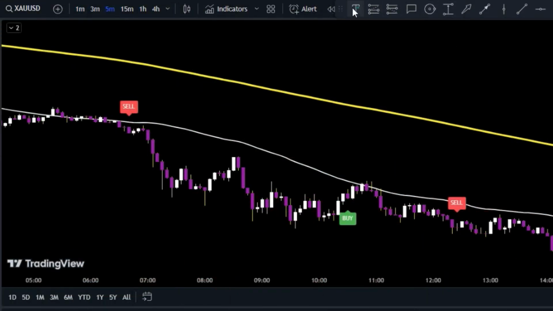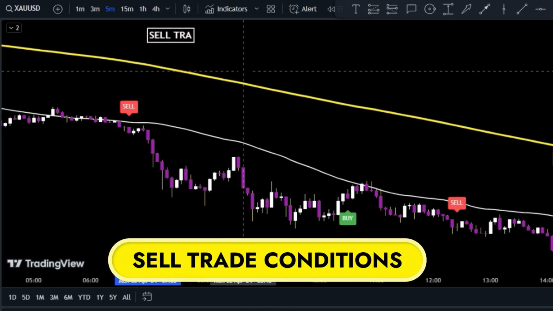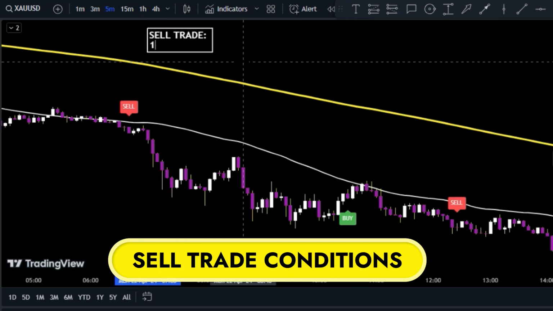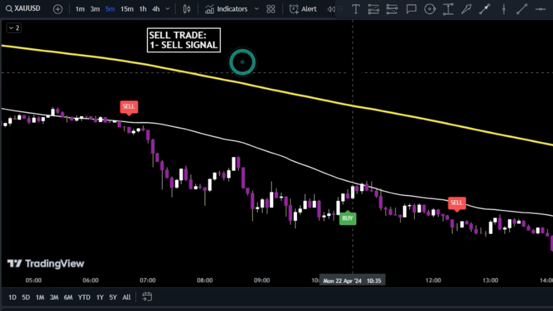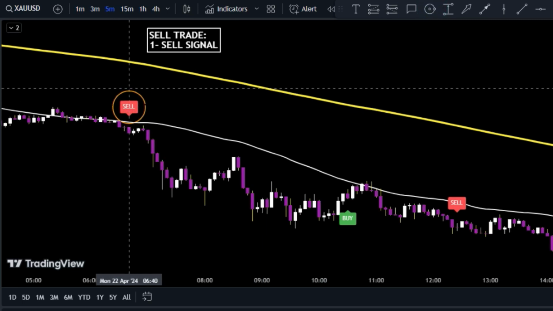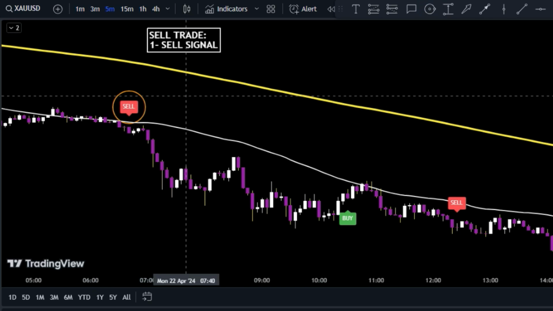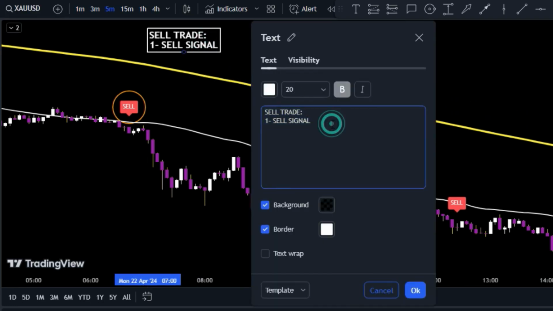And when it comes to executing a smart sell trade, you want to follow these essential guidelines. First, keep an eye out for a sell signal. The signal serves as a helpful indicator that it might be a good opportunity to engage in a sell trade. Next, you need to ensure that you're trading within a downtrend.